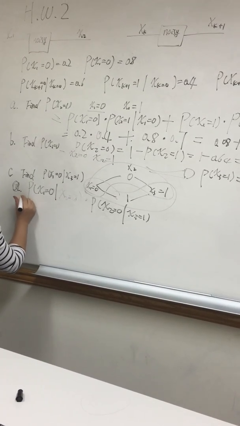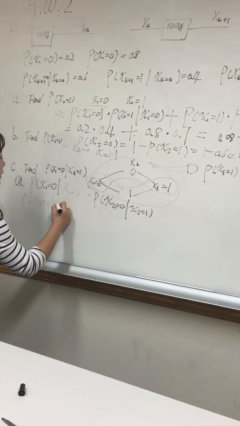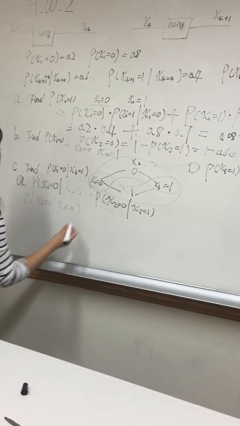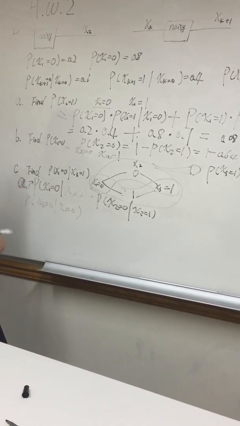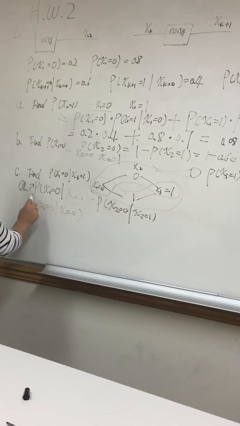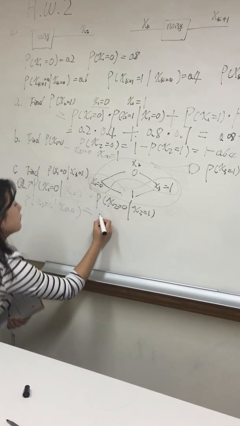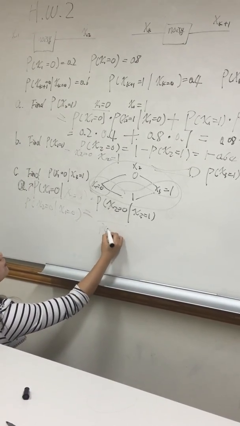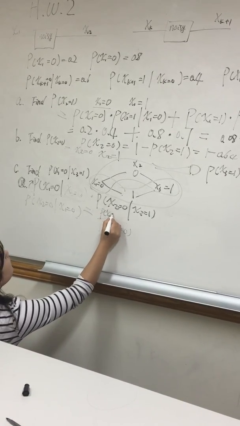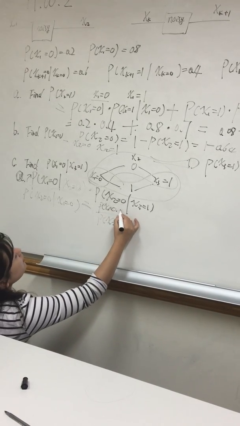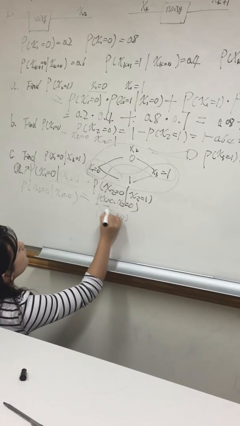We only know the probability x2 equals 0 conditional on x1 equals 0. The question is how to translate it to this one. We know that this one equals the probability x2 equals 0 and x1 equals 0 together.